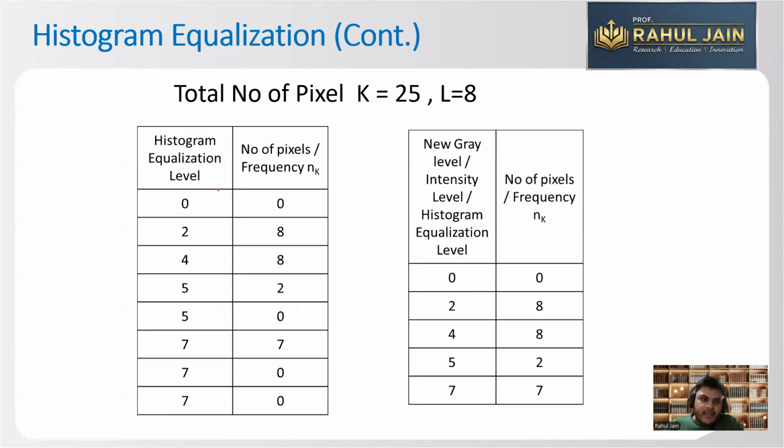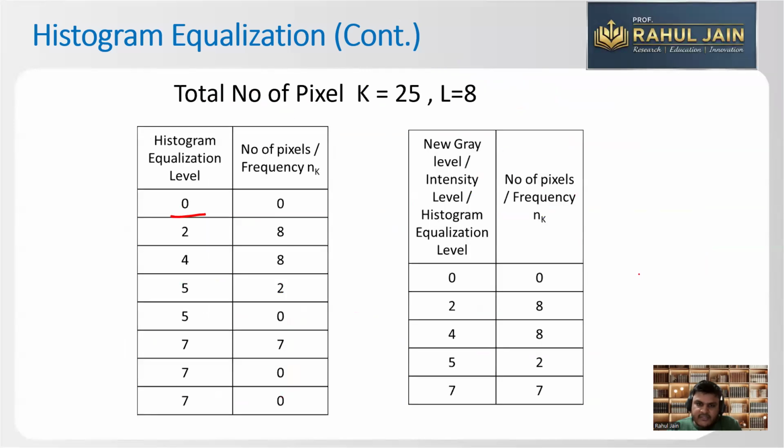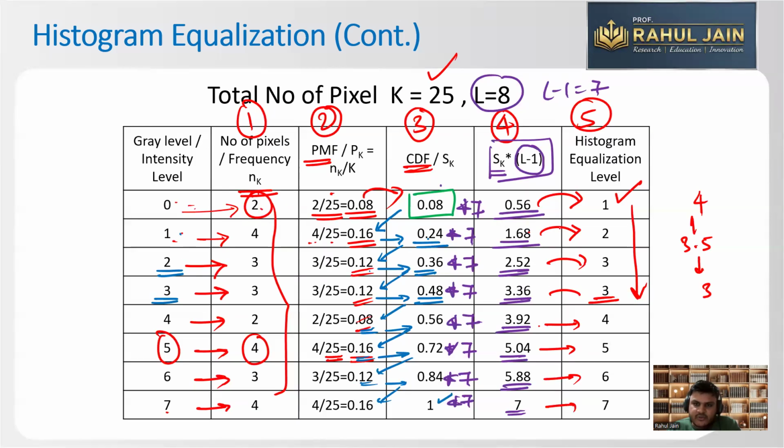So for example, if I talk about intensity level 0, and all these things, these are the original frequencies here. For intensity level 0, we have 2 here. Now these are the histogram equalization levels that we got. Based on that, for the new intensity level 0, we have 0 pixels, because no one is mapped to 0 here.